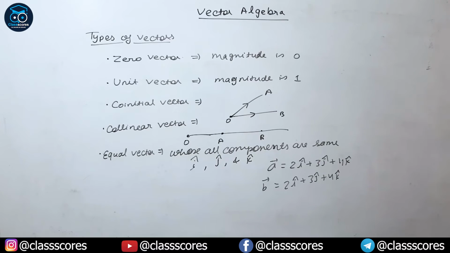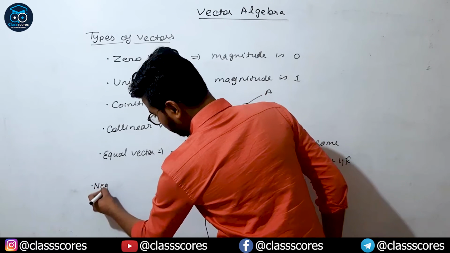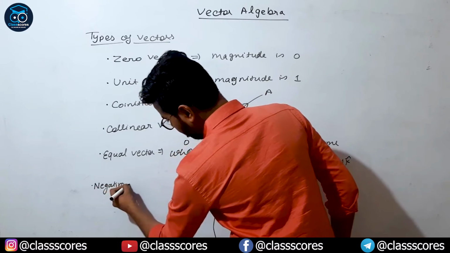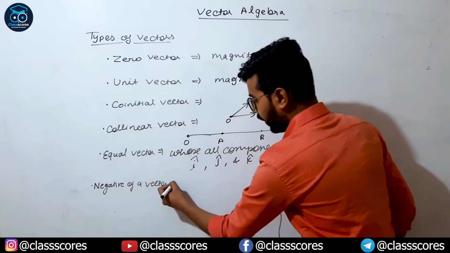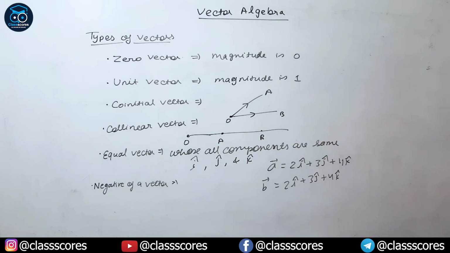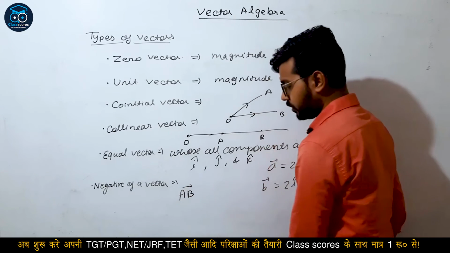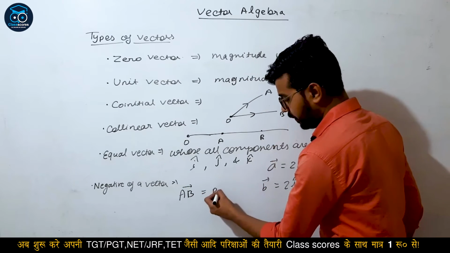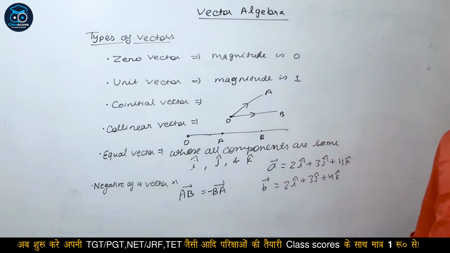Now moving towards our last, negative of a vector. A vector will be negative when its direction is interchanged. For suppose if AB is positive, then BA is also the same but with opposite sign.